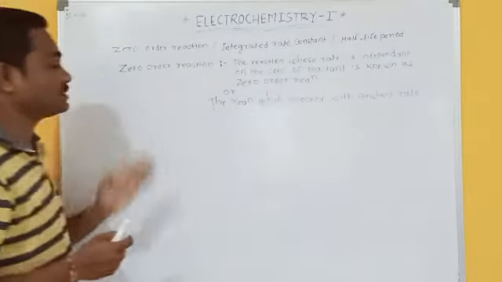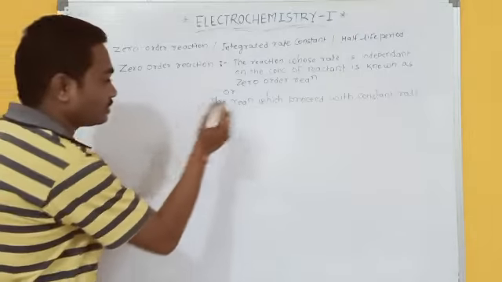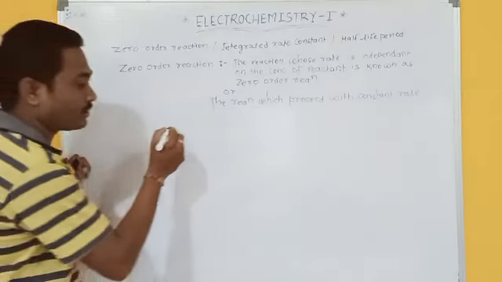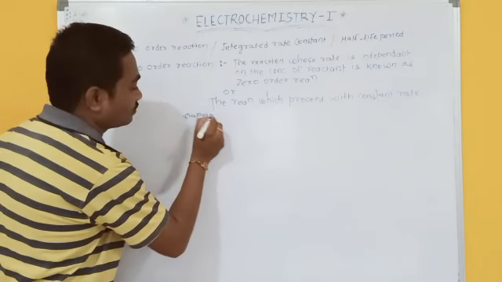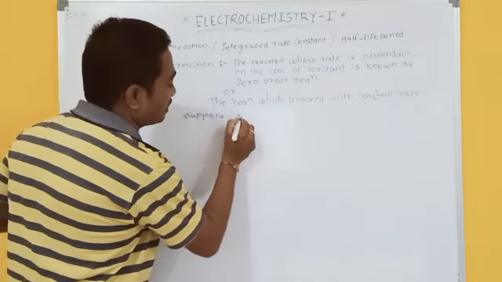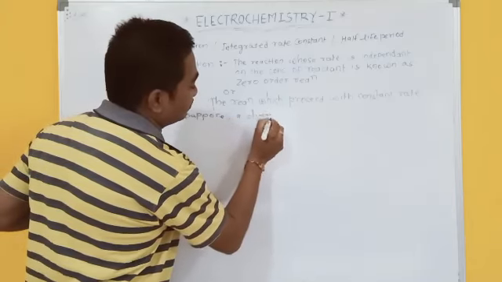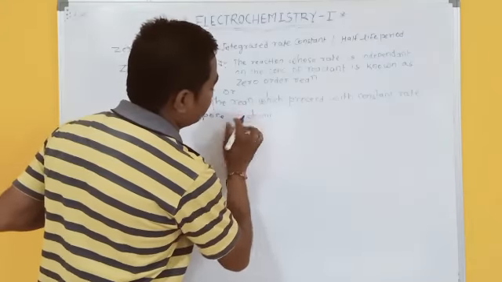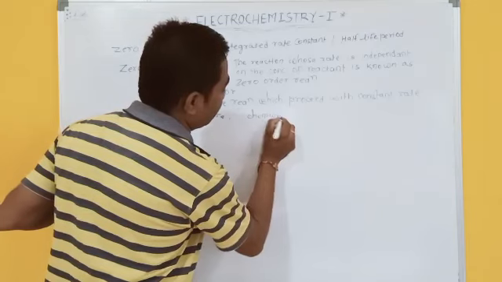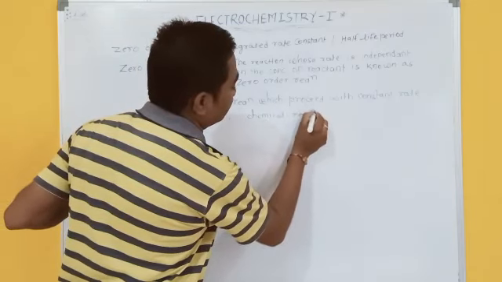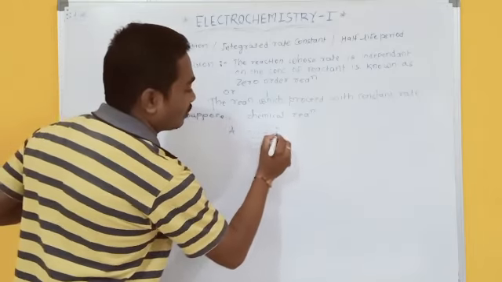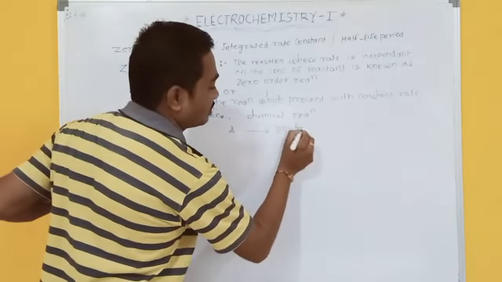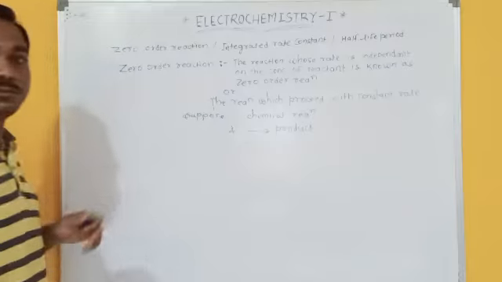The reaction which proceeds with constant rate is also known as a zero order reaction. The rate for the zero order reaction: suppose a chemical reaction A changes to product.